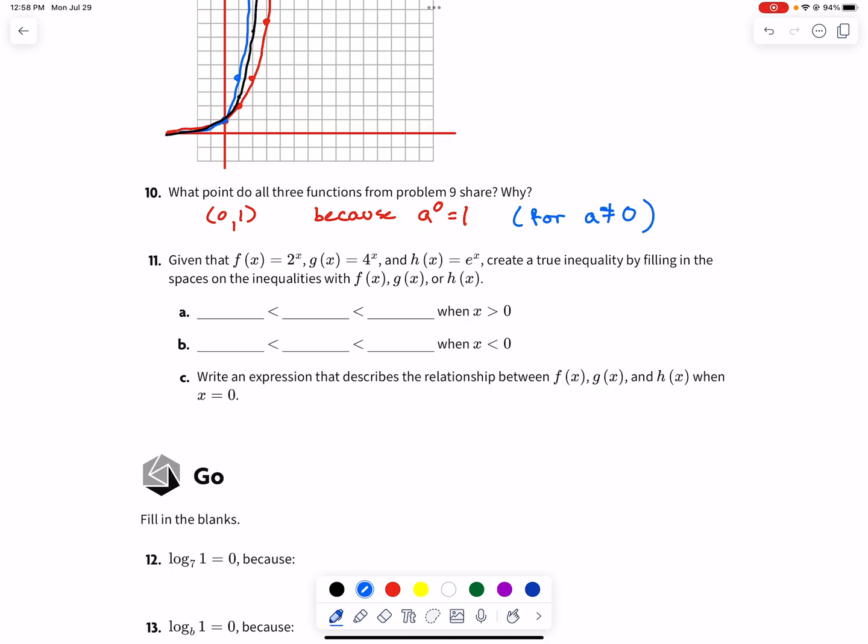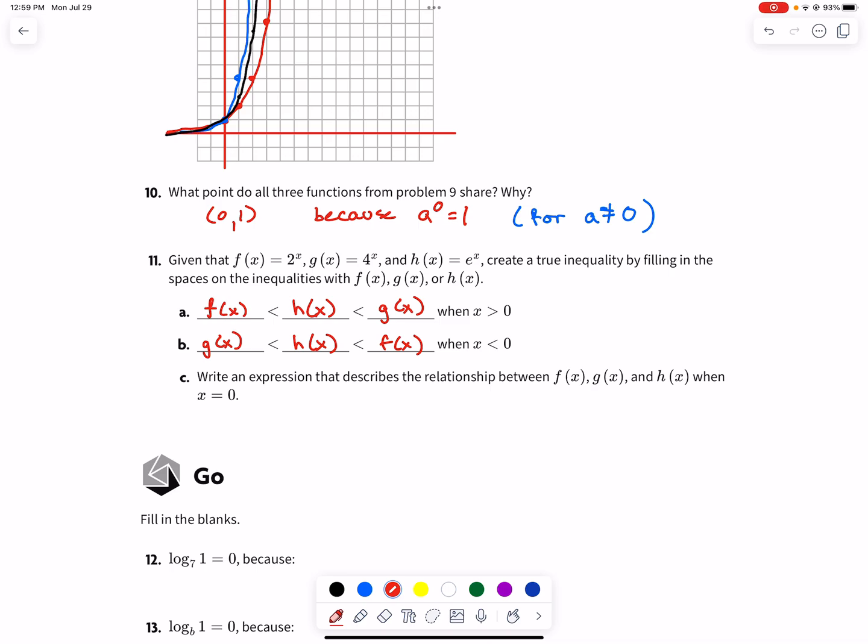Let's see. I'll fill this in, then I'll talk about it. I'm trying to use red for the answers and blue for the comments. Okay, so f is 2 to the x. That's the smallest one for big numbers, at least. And g is the bigger base.